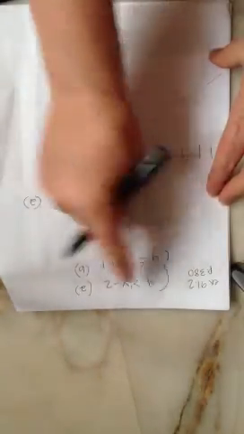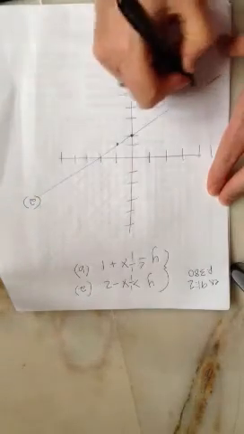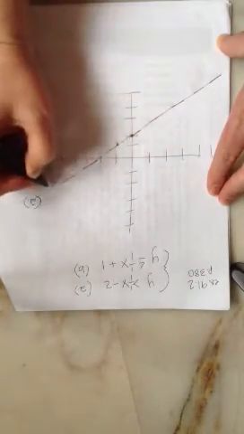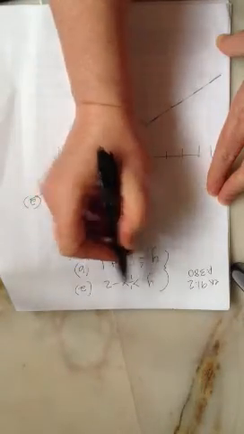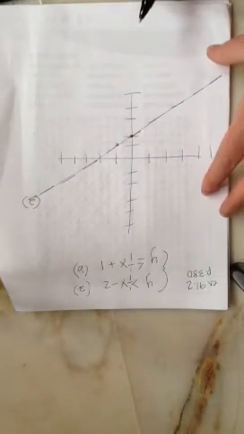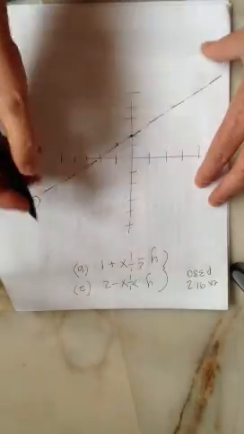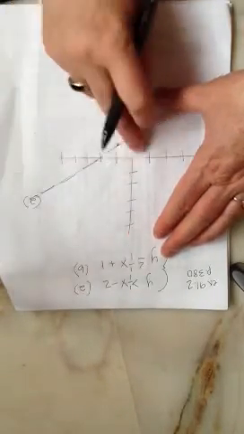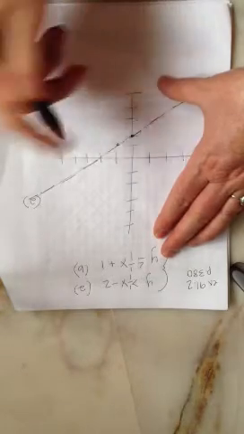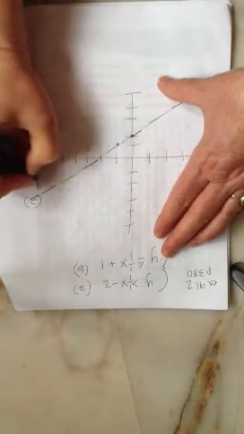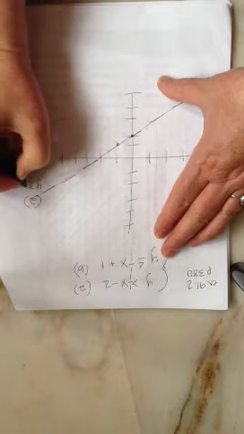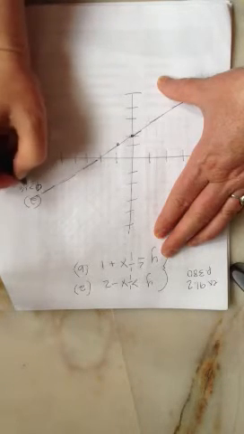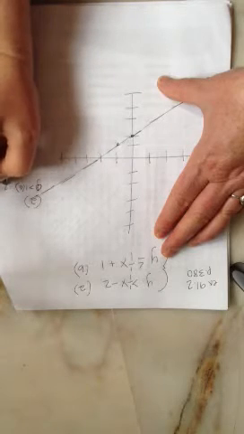And now we use the test point. Oh wait, this should be a dotted line because it doesn't have an equal sign, so we don't include the line as part of the solution. And now we use the test point. We use the test point of the origin to see if the origin is the solution or if it's on the other side. So that would be y is greater than 1 times 0 minus 2.